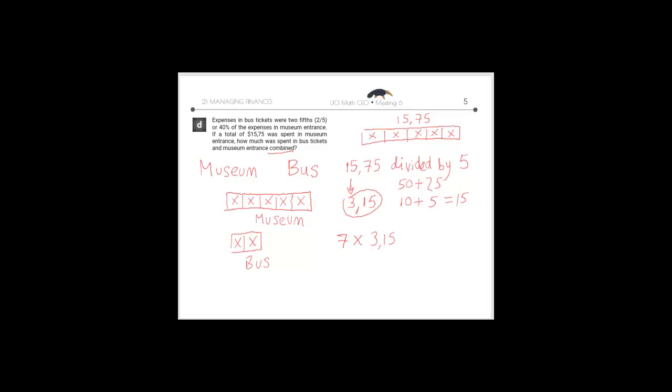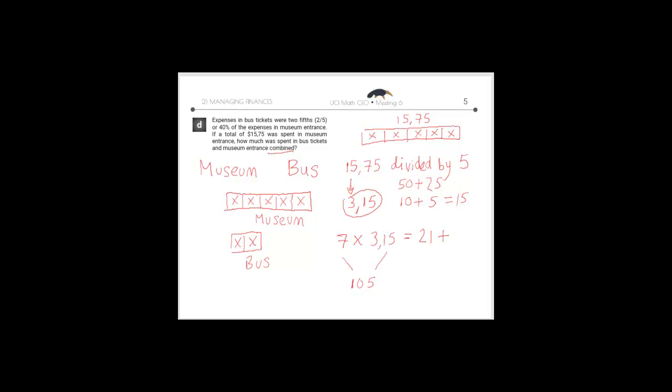And then again, you can either do this separately. 7 times 3 is 21 plus, and what's 7 times 0.15? Well, we already know that 5 times 15 is 75. So we have to do 2 more. So that's going to be 105. 7 times 15.